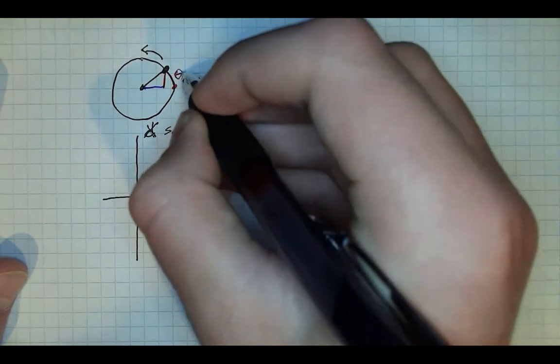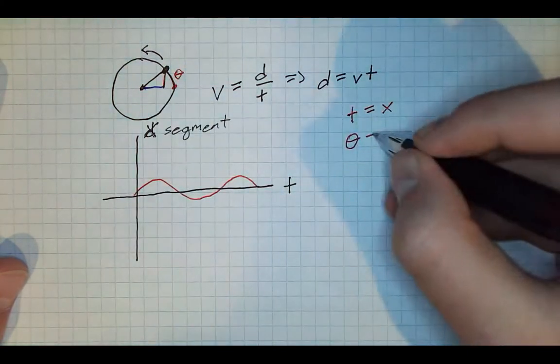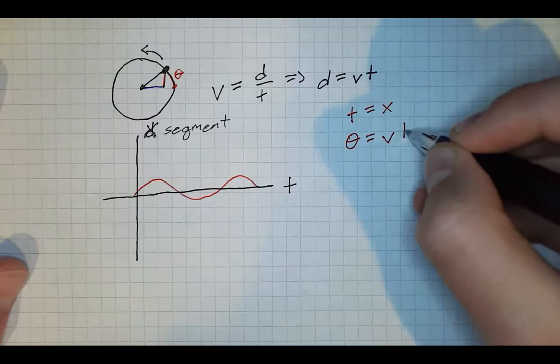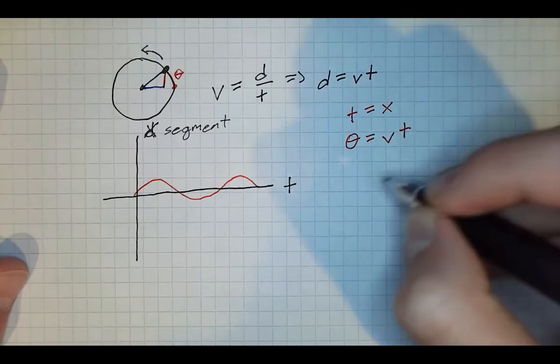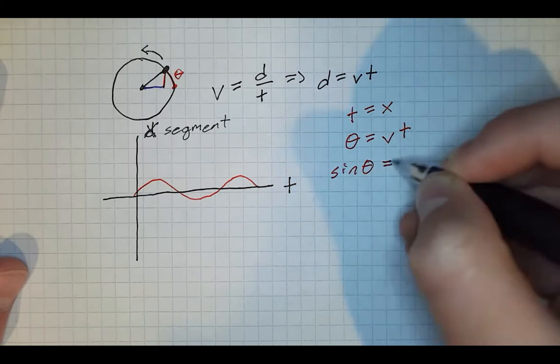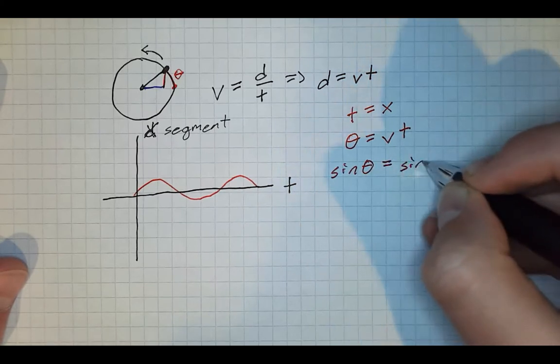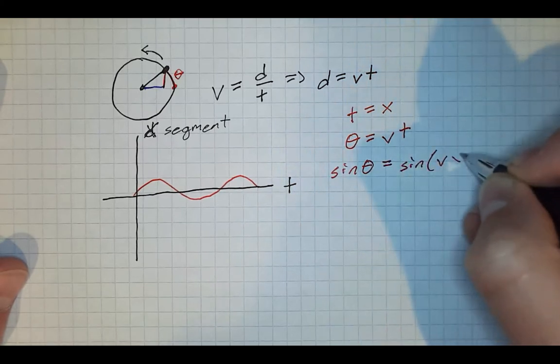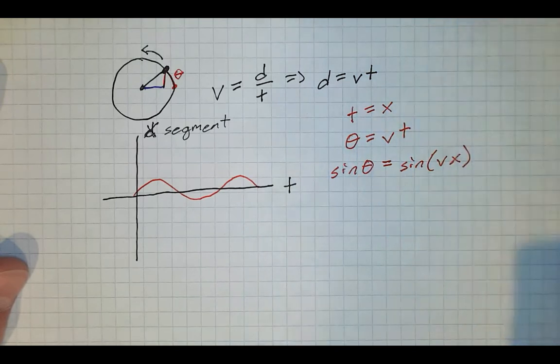That's theta right there. And because it's the distance around the circle, we're going to say that it's equal to our velocity of the point times time. So when we write sine of theta, we're really saying sine of our velocity times x, because x is the time that has passed so far.